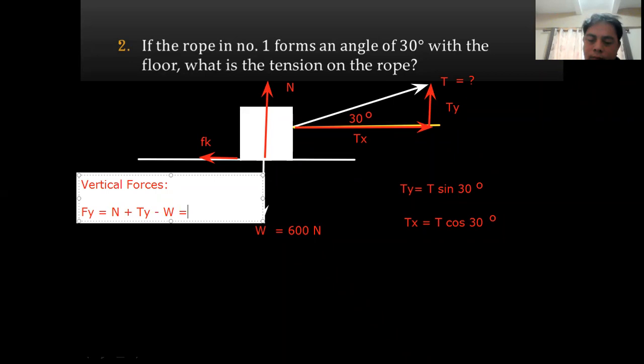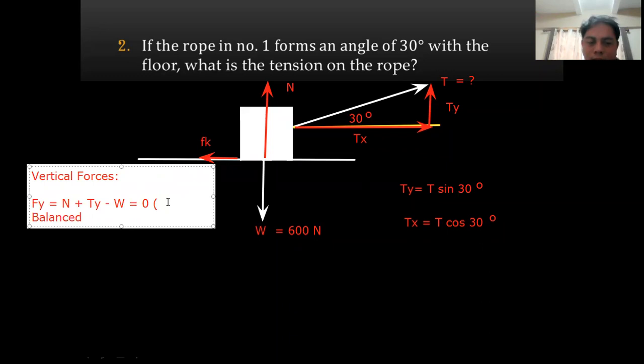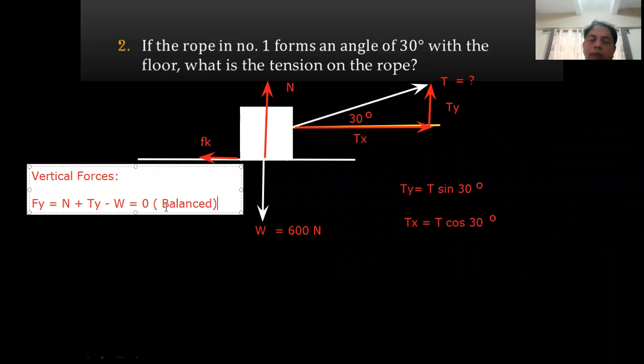But the body is still believed to be in a state of balance, because the body is not actually moving vertically. So when you add these three forces up and consider their direction, their total is simply equal to 0. Okay, so we have our F sub y value.